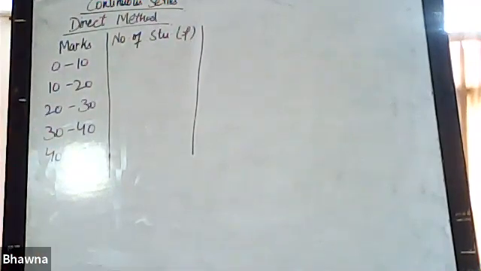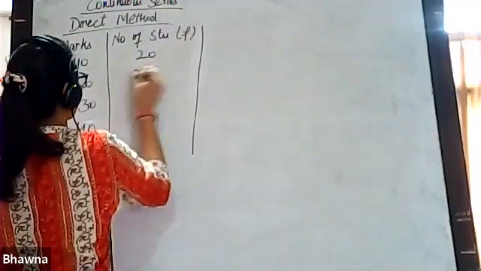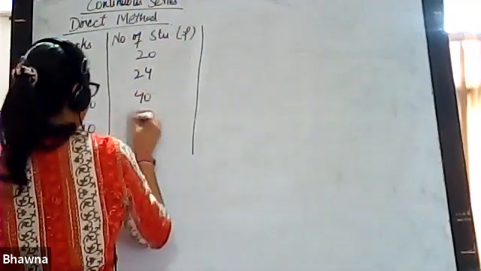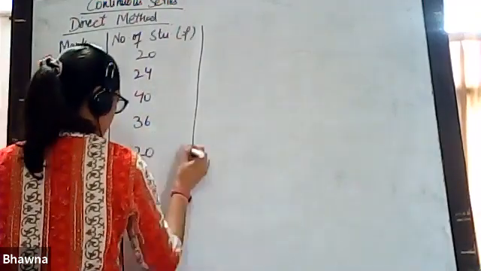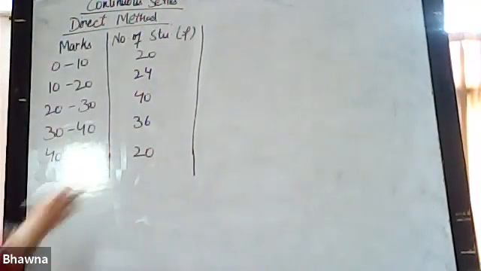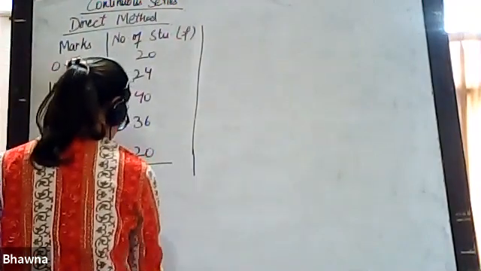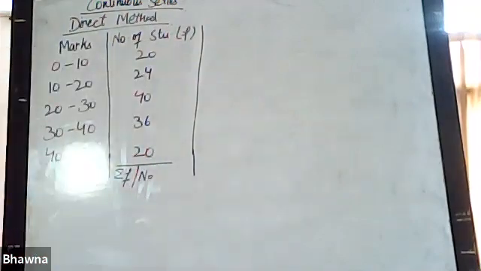And the number of students are 20, 24, 40, 36, and the last one is 20. So these two values are given to us. The summation F or N is equal to 140.